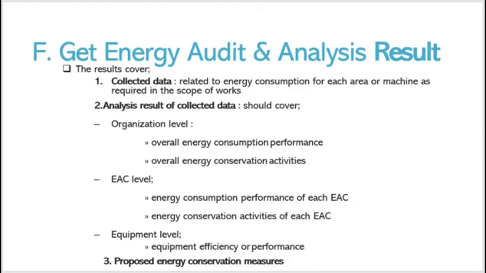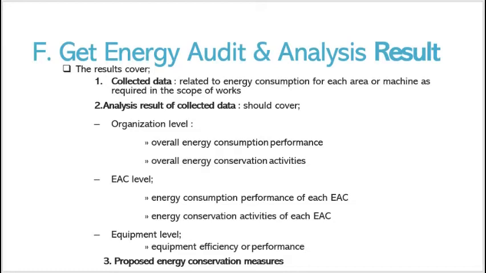For example, inside a factory at assembly department, how long the machines need to be in operating mode to get the work done for a certain period of time. The energy consumed by the machines is the collected data.